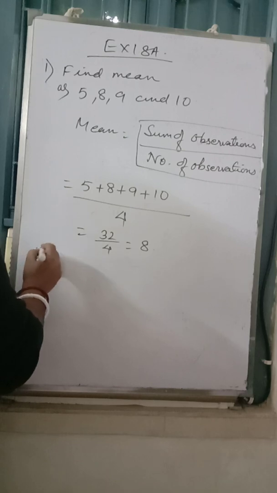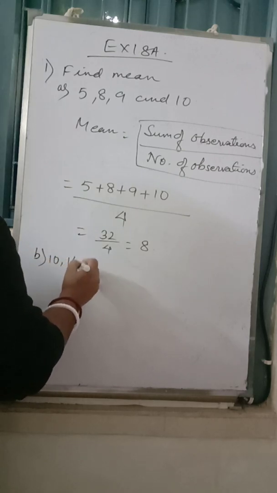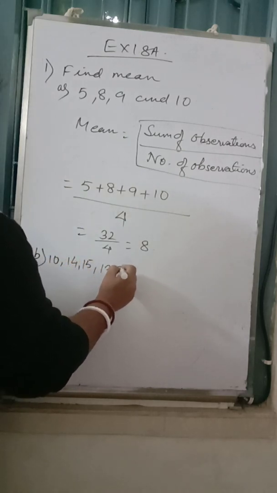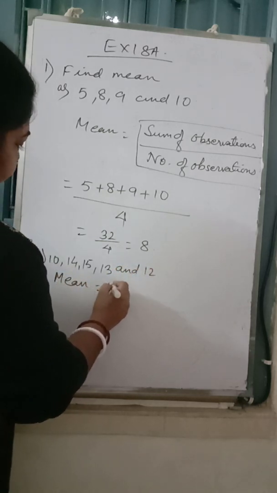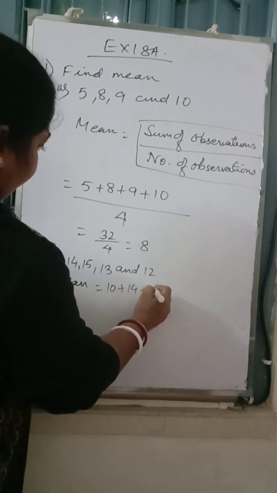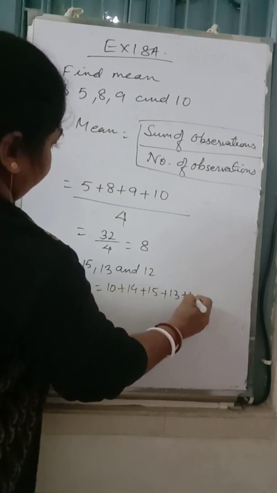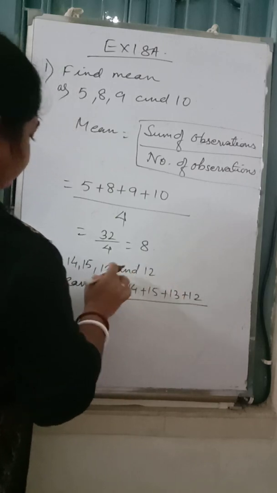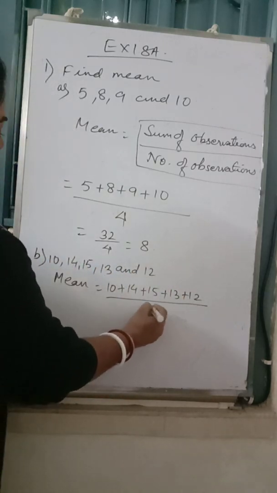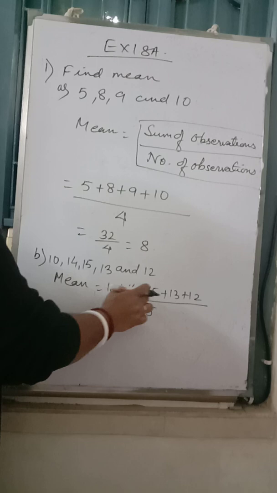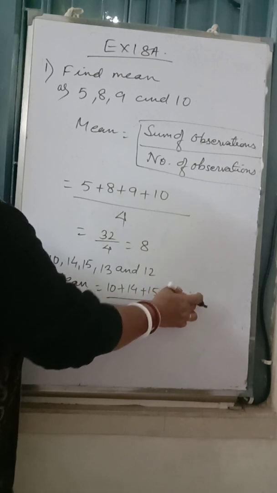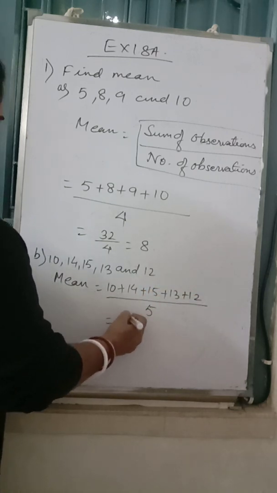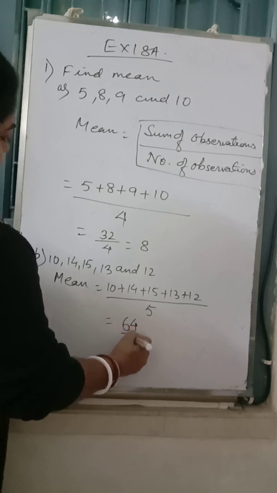Look at number B. 10, 14, 15, 13 and 12. So mean will be 10 plus 14 plus 15 plus 13 plus 12 by 1, 2, 3, 4, 5. 10 plus 14, 24, plus 15, 39, plus 13, 52, plus 12, 64, by 5.